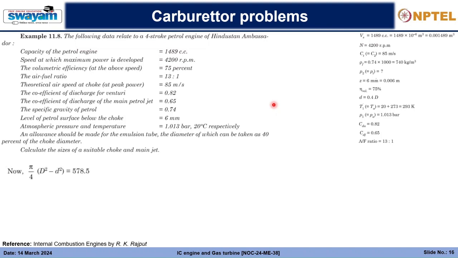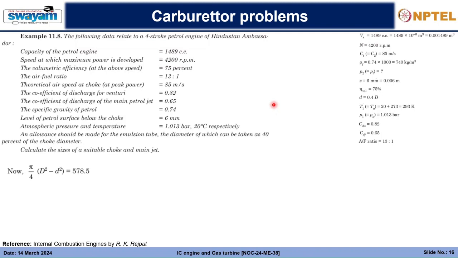And why this formula? Because now we have an emulsion tube, and we'll have to accommodate the emulsion tube, which will come in the cross section of the jet delivering the fuel.